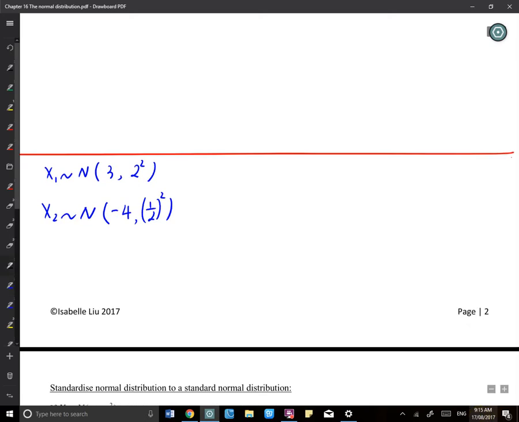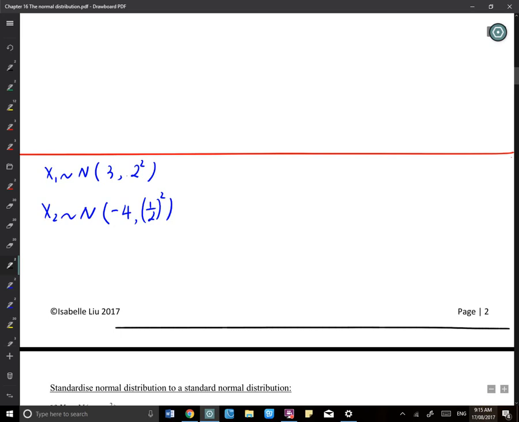What I can see here is one graph is symmetrical about 3, one graph is symmetrical about -4. This standard deviation is 2, the next standard deviation is half. Okay, 3 is here, -4 is here.